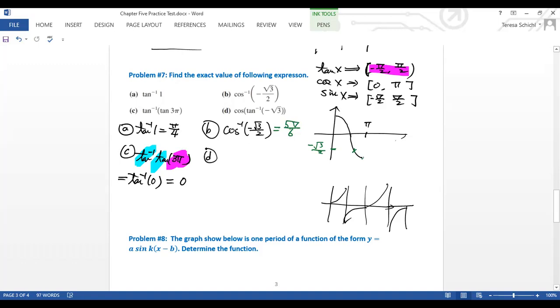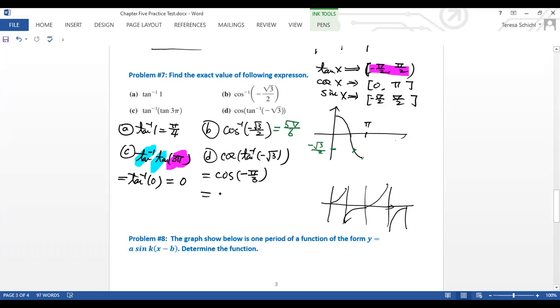Okay, now let's take a look at part D here. This is a cosine, arctangent, negative square root of 3. Because for the tangent, the restricted region is negative pi over 2, here you have to come out with a negative value. So negative square root of 3, what is that? It's negative pi over 3 for the tangent from the unit circle.